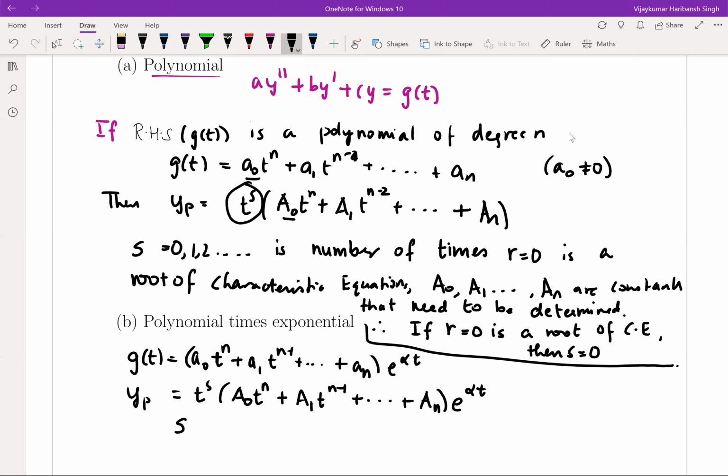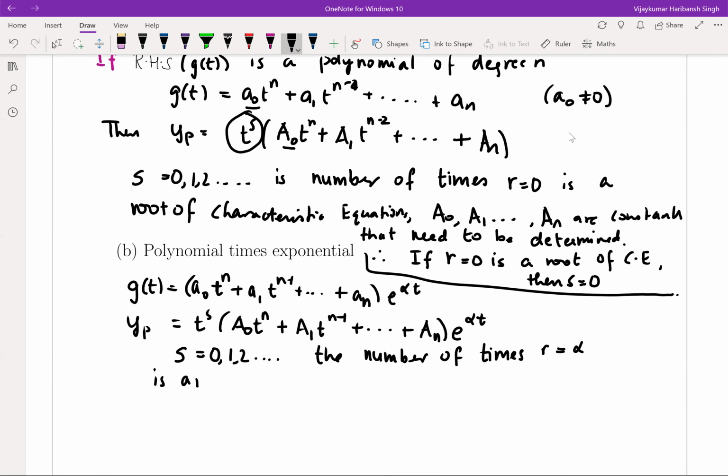For t to the s, s equals 0, 1, 2 is the number of times r equals alpha is a root of the characteristic equation.